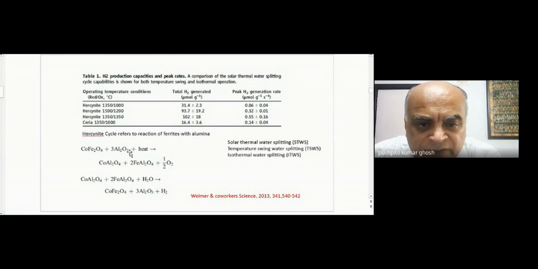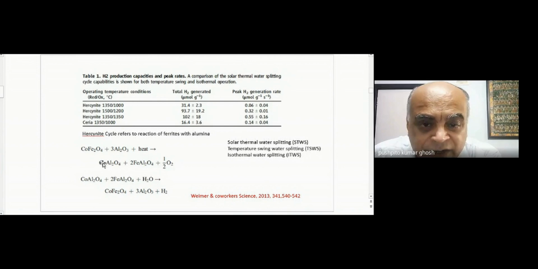It is basically undergoing a change, and there's a cross reaction. It forms CoAl2O4 plus FeAl2O4, and it liberates half a molecule of oxygen, and we will discuss the temperature.